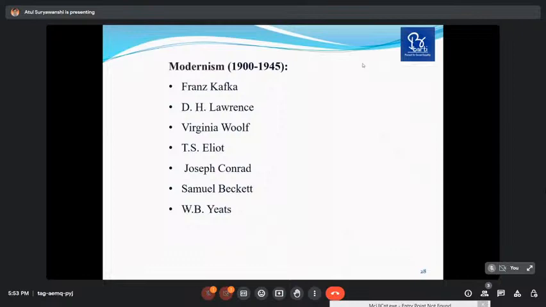Franz Kafka, David Herbert Lawrence, Virginia Woolf, Thomas Stearns Eliot, Joseph Conrad, Samuel Beckett, who received the Nobel Prize in 1969, and William Butler Yeats, again a recipient of the Nobel Prize in 1923, the great Irish poet, are the selected prominent figures during this time. Modernism.